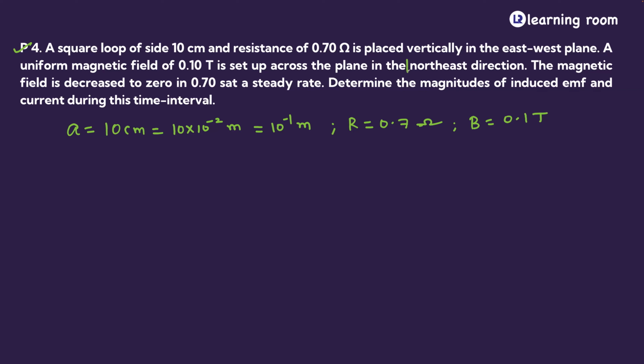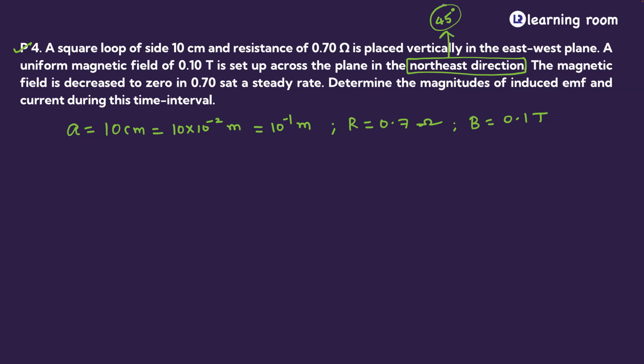So when they say northeast direction, the first point that should come to your mind is the angle between the magnetic field and the area vector will be 45 degrees. Because this is north, this is east. Northeast is exactly an angular bisector of north and east. So this 45 degree should come to your mind. Am I clear with that?